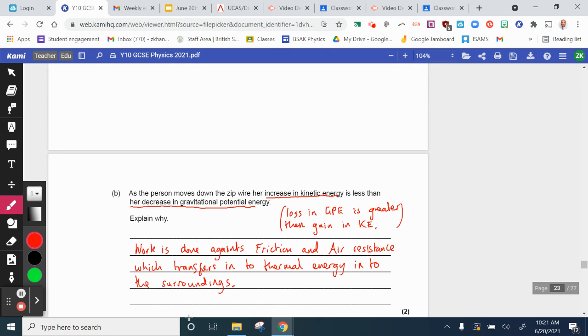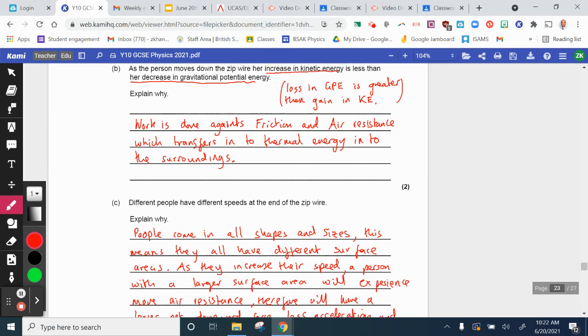So energy is transferred through friction and air resistance, and that eventually transfers as heat, so thermal energy, into the surroundings. Okay, so that's where the energy has gone. So it's to do with the friction and air resistance.